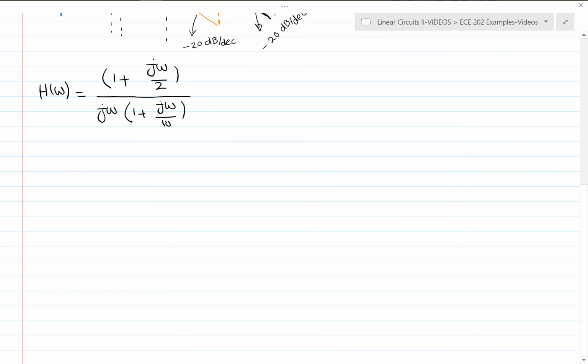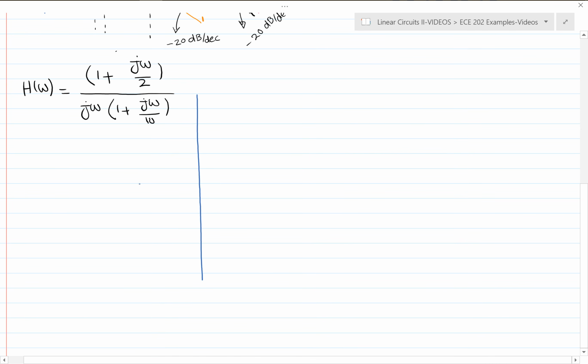This time we have to look at the phase plots in table 14.3. You can see table 14.3 has 3 columns. The first one is the factor, so the factors that we have in the transfer function. The second one is the magnitude plot, and the third one is the phase plot. So go ahead and look at the phase plots. All right, so let's draw the phase plot for each of these factors in our transfer function.